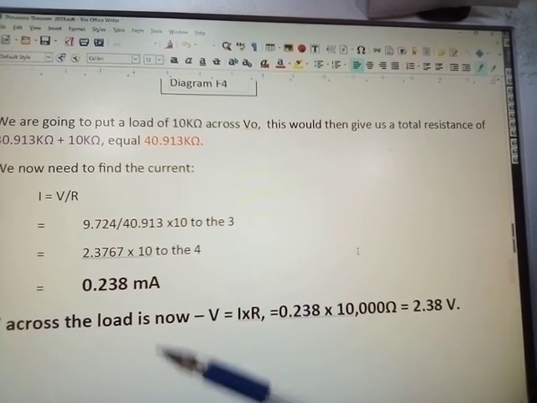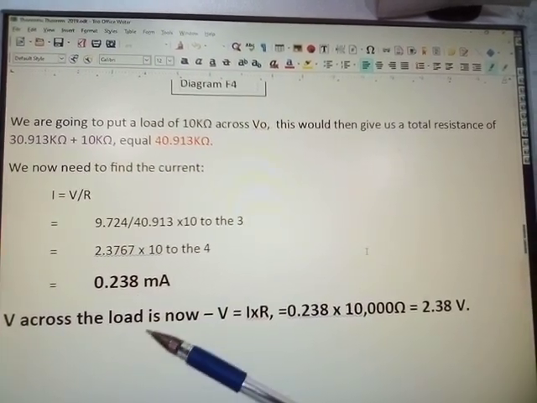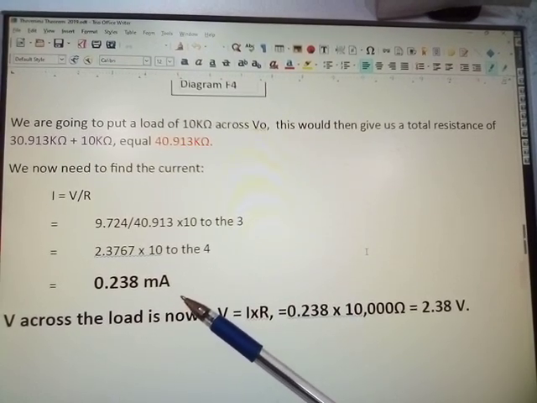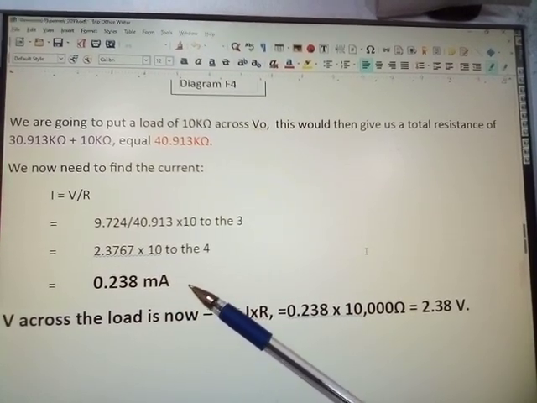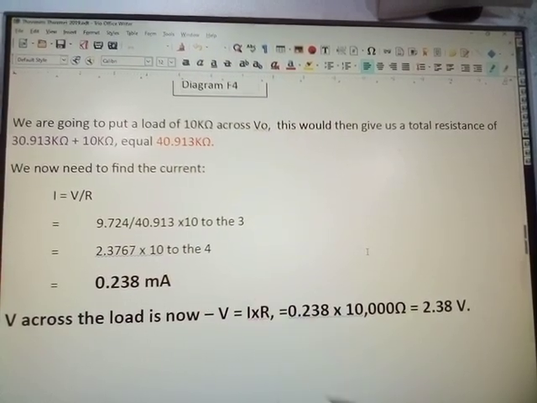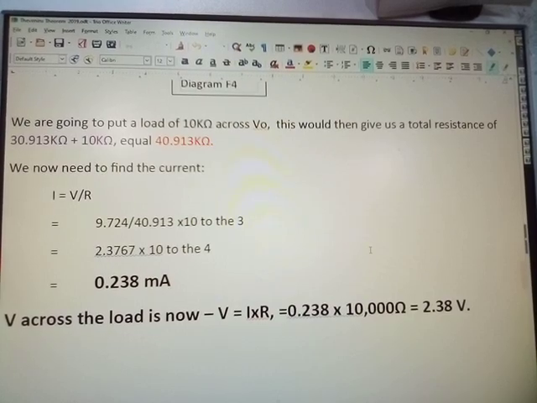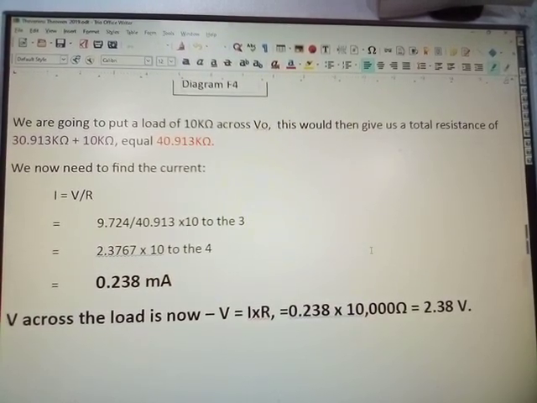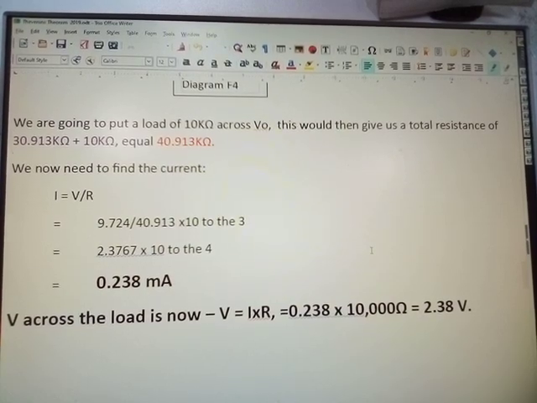Now I believe that should be amps, but I must have done that for a reason. But you have to bear with me that the reason would have been long lost by now at this point in time. But it could be right for 0.238 milliamps, because it is 10 to the 4.